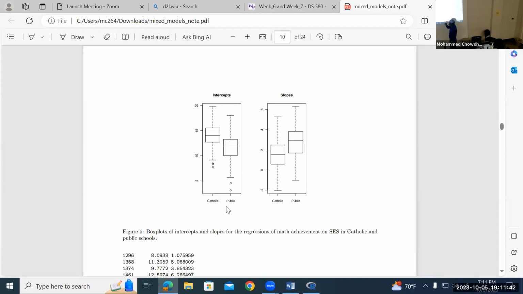Similarly for the slope. So you can say further that in the public and Catholic comparison, the slope value for the public one is higher, while in the Catholic one, the intercept value is higher, right? So first quartile, second quartile, third quartile, all of this.